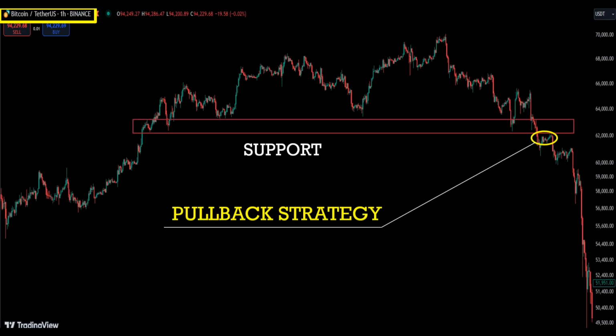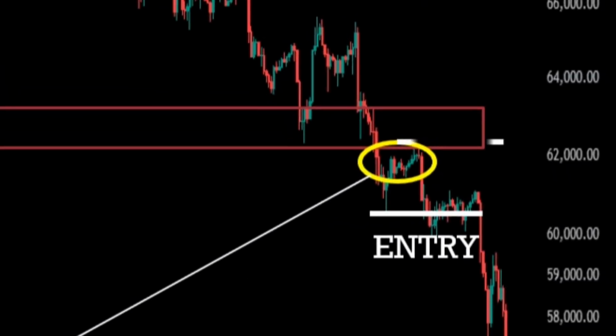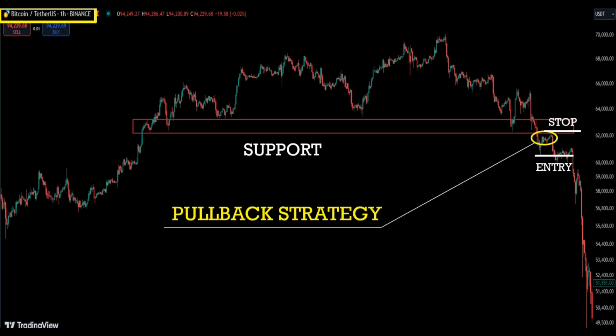In this case, we place the entry point at the last low and the stop loss at the last high. This strategy is known as the pullback strategy. For a better understanding of consecutive highs and lows, you can watch the types of trend video with the link provided in the corner of the screen.